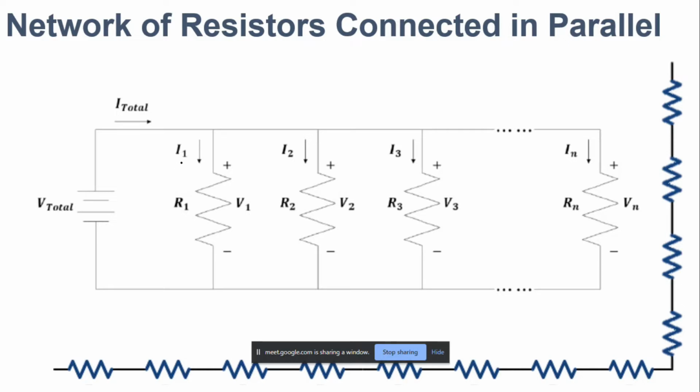Example, yung I sub 1 po natin dito, iba po yung value niya sa I sub 2. Yung I sub 2 naman, iba rin yung value niya sa I sub 3, and so on and so forth.